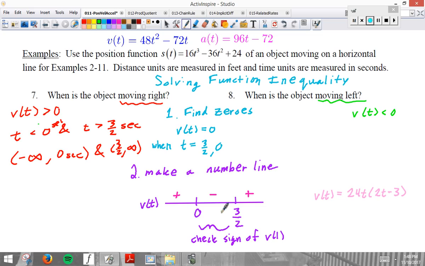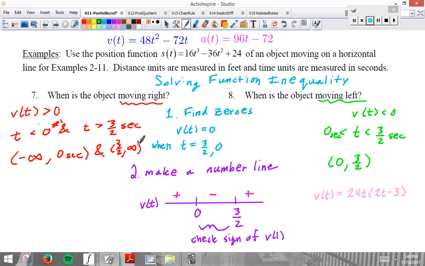Similarly, when we're looking where velocity is negative, we have this interval. So we're talking about t as being between 0 seconds and 3/2 seconds. It's usually easiest to write this in interval notation, 0 to 3/2. In terms of whether we want these intervals to be closed or open, that's actually a subject of debate. I prefer to write them always with open, and I would prefer you to write them always open as well.